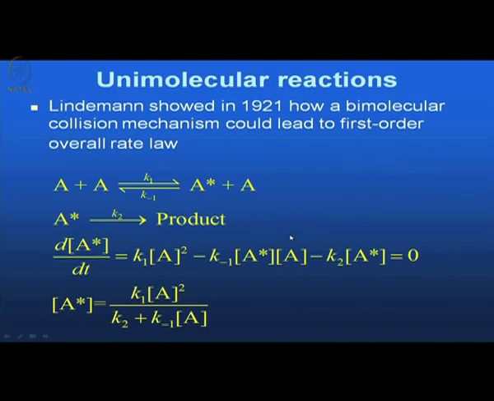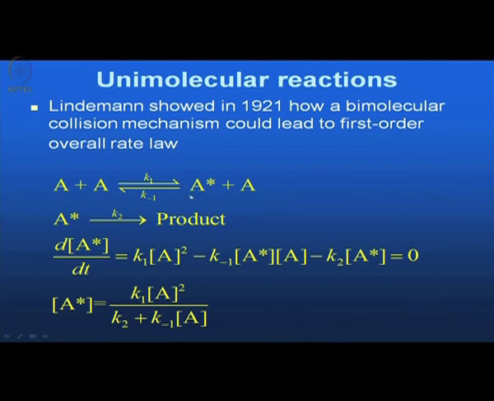Then we talked about the unimolecular mechanism. That was shown by Lindemann in 1921, that A plus A giving rise to A star plus A. So, this A star is an excited species, and excited means maybe different in energy state, maybe a little higher in energy compared to the starting material.